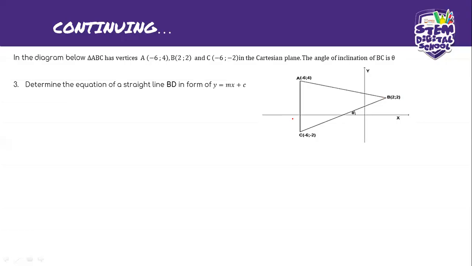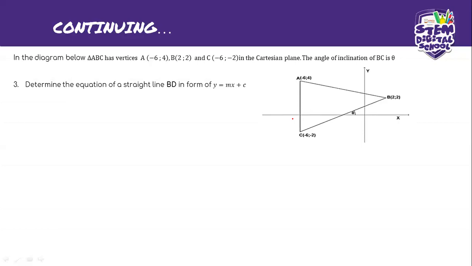Before we can start answering this question, remember, if you have to calculate the equation of a straight line, you only need 2 things. One, you need the gradient of that particular line, and two, a point.